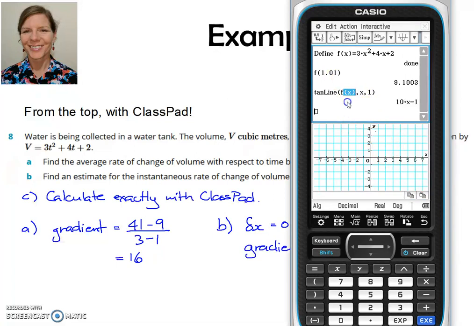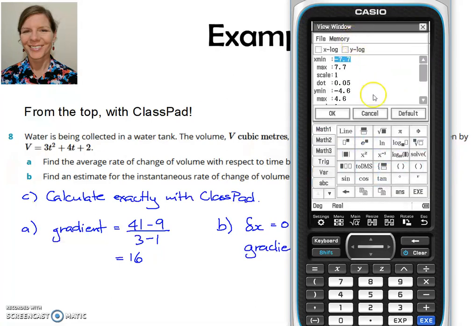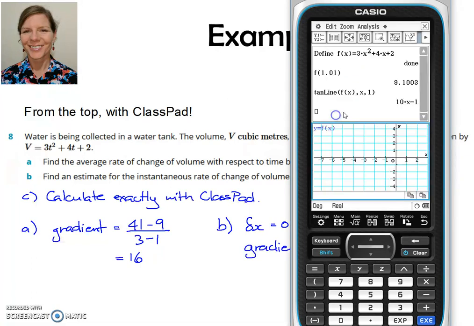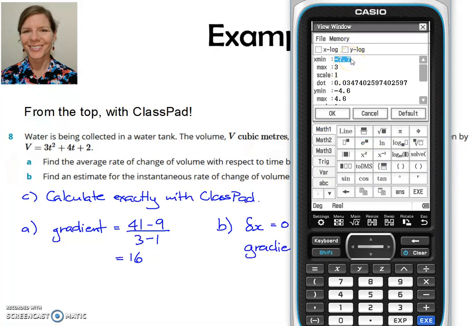Okay, so we can really bring this home by graphing these two. So let's graph the function like so, and I'm going to change this a little bit. Just go up to 3. Change it again. Not quite that big.